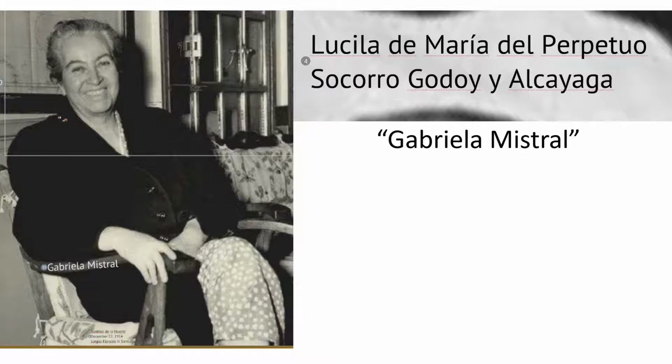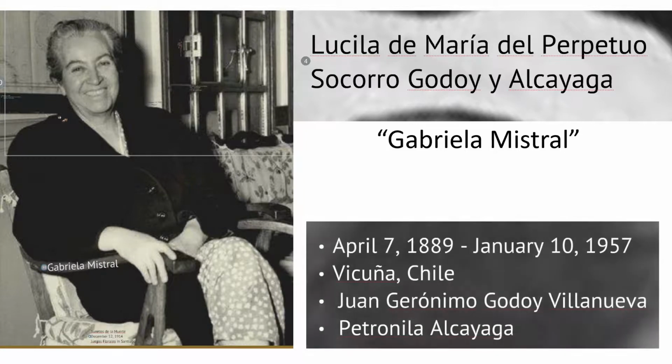The shorter version of that is Lucila Godoy y Alcayaga sometimes. But she would prefer to be called Gabriela Mistral. The name actually came from two of her favorite authors, which we will discuss later.